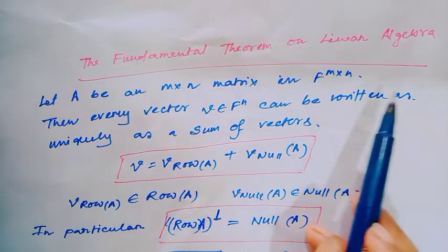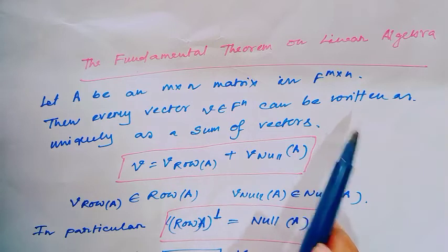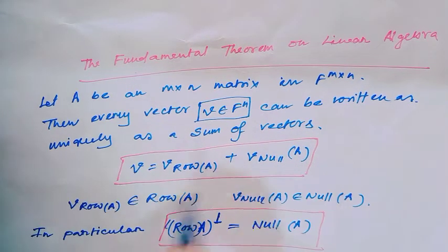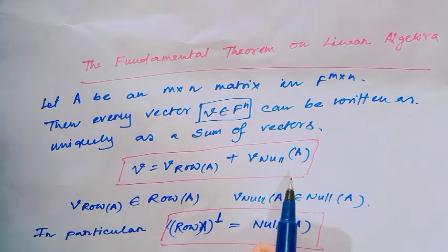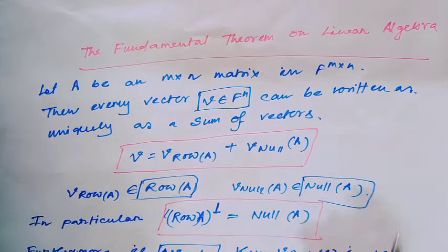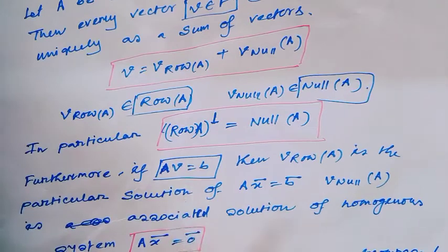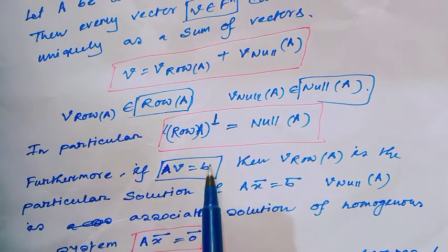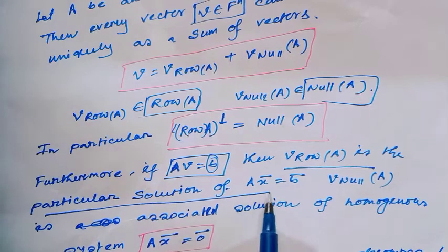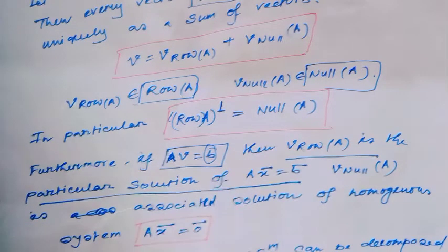The fundamental theorem of linear algebra is: let A be an m cross n matrix in the field F of m cross n, then every vector v in Fn can be written uniquely as a sum of vectors such that v equal to v row of A plus v null of A, where v row of A belongs to the row space of A and v null of A belongs to the null space of A. In particular, the orthogonal complement of the row space of A is the null space of A. Furthermore, if Av equal to b is a solution, then v row space of A is the particular solution of Ax equal to b, and v null space of A is the associated solution of the homogeneous equation Ax equal to 0.